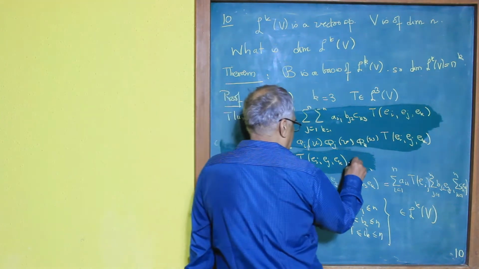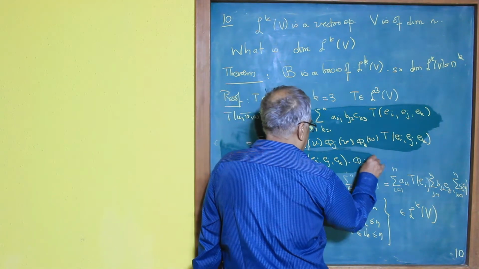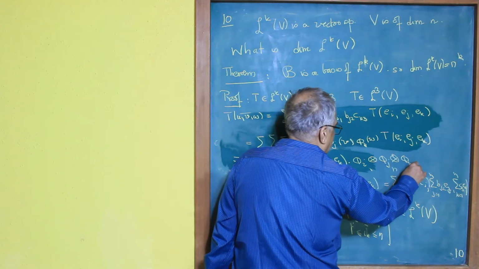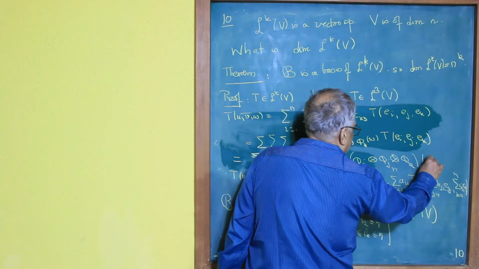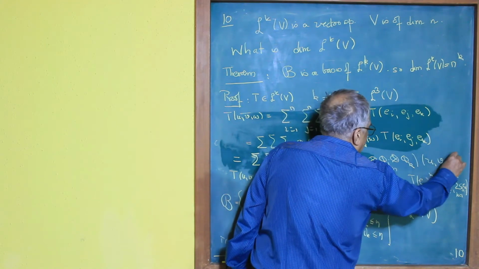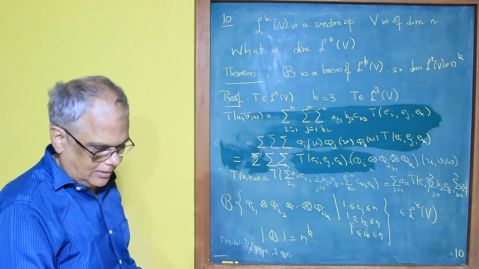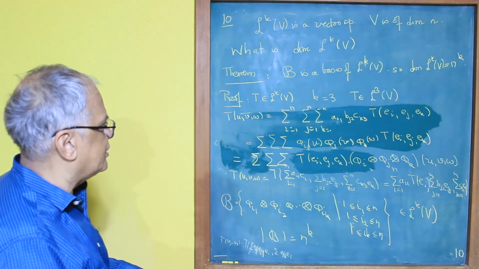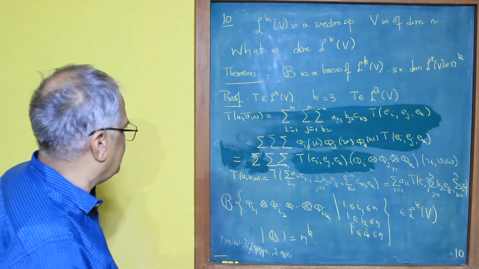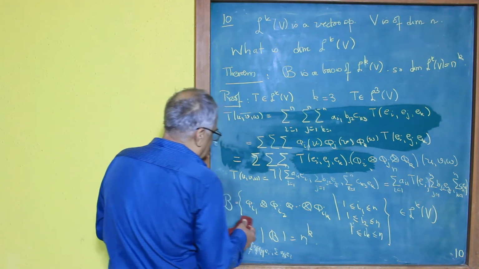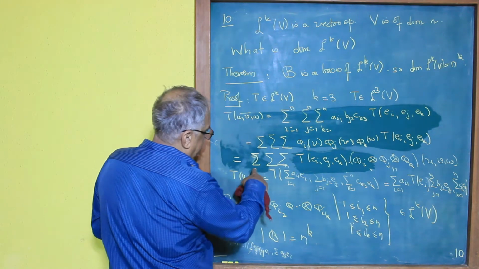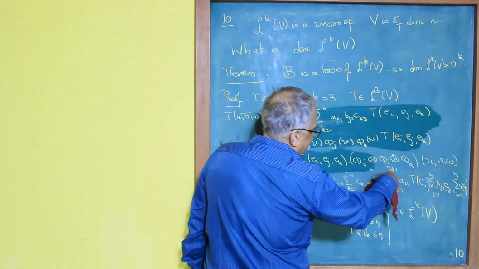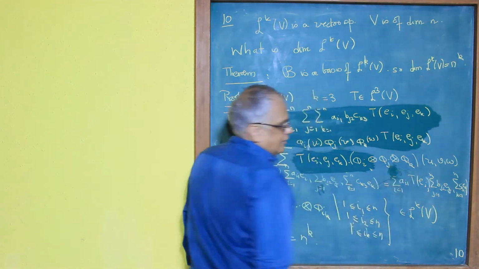This is phi_i tensor phi_j tensor phi_k evaluated at (U, V, W). Therefore, this is true for all U, V, W. So I can write down now that T at (U, V, W) is equal to this sum, and this scalar times phi_i, phi_j, phi_k.